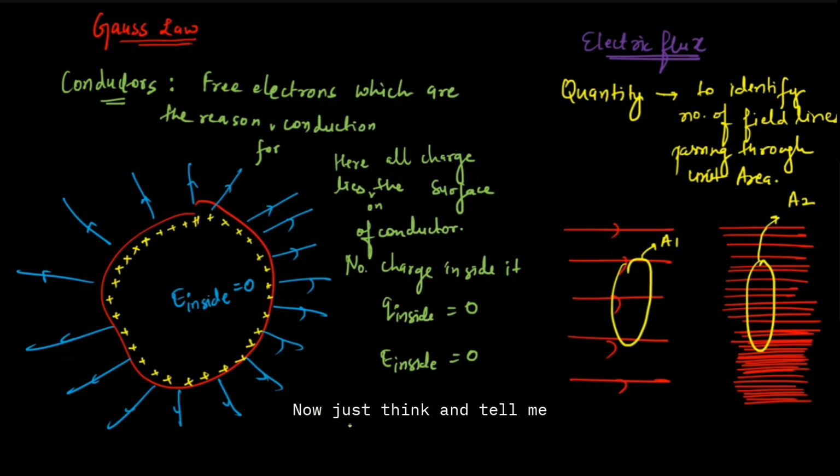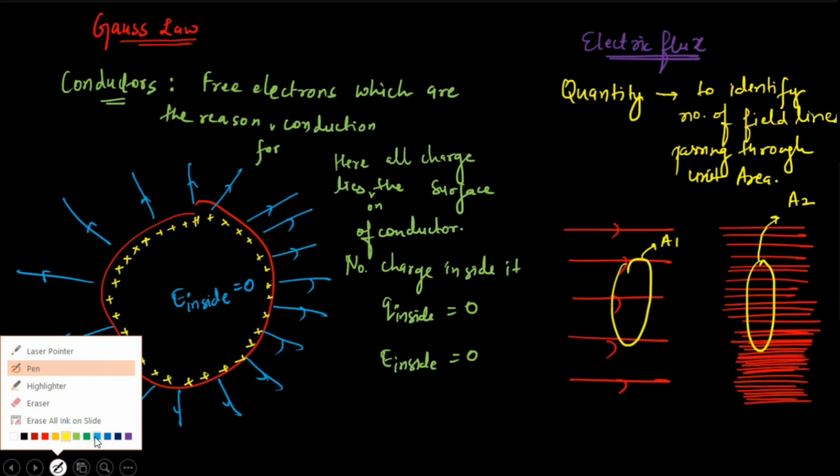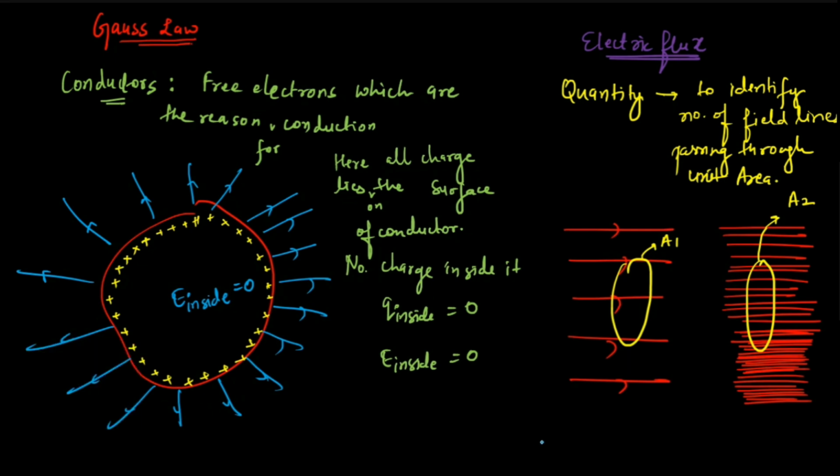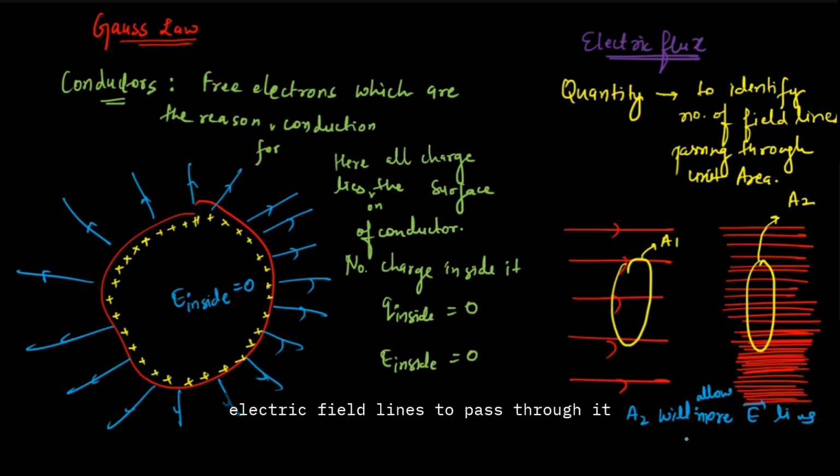Now just think and tell me which surface area allows more electric field lines to pass through it. Tell me. A2. Exactly. So A2 will allow more electric field lines to pass through it.